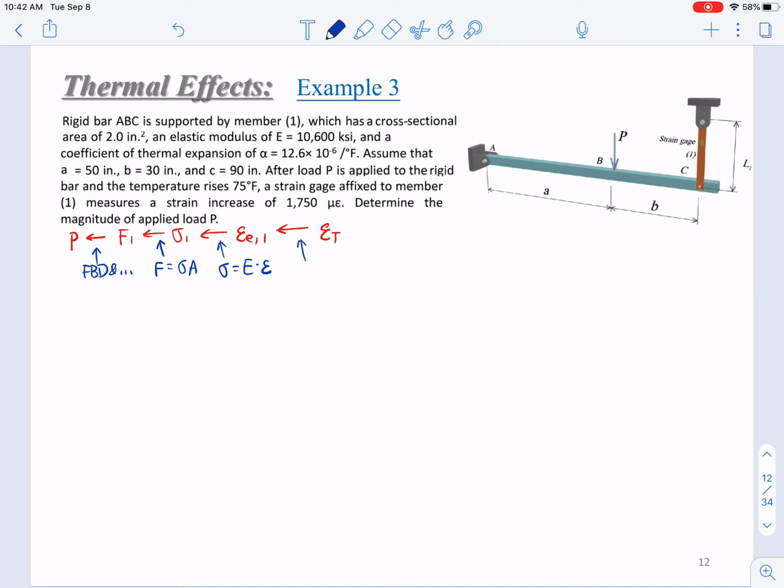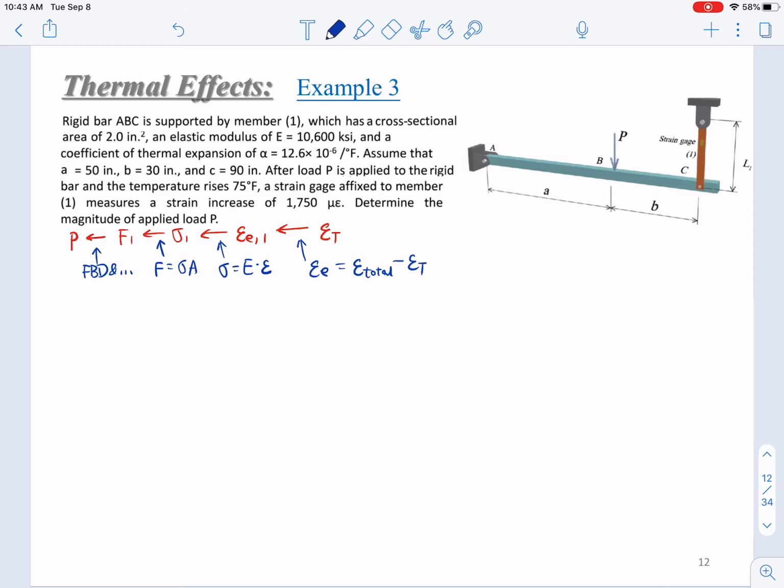And in this step, the equation we just defined: the total strain equals the sum of them. So the elastic strain can be calculated from total strain minus thermal strain.